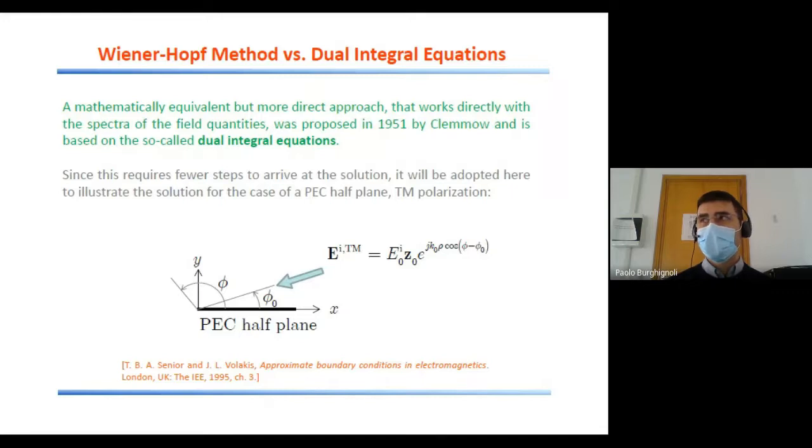Note also that in the second part of this lesson, I have changed the reference system. So now the incidence plane is the XY plane, whereas the edge of the half plane is the direction of invariance of this configuration, which is not anymore the y-axis, but I am adopting what is the most common in the treatment.